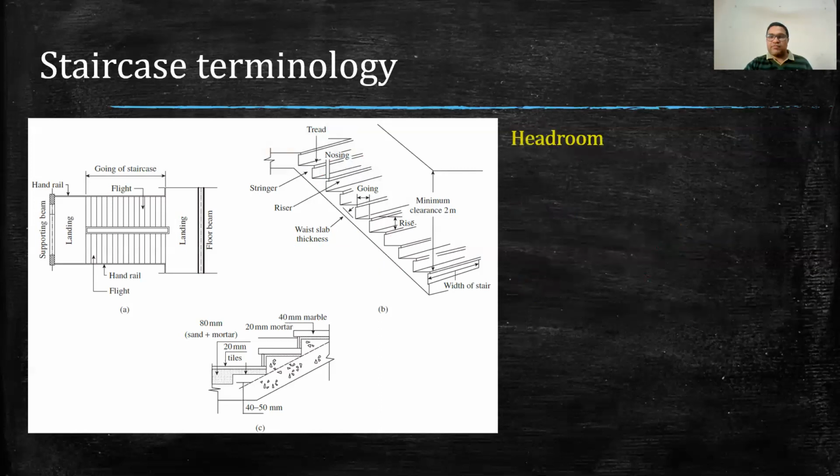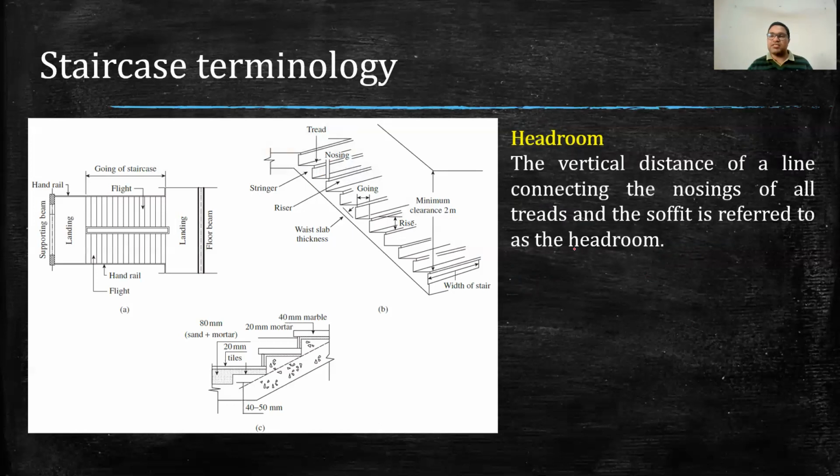Then the next term that we generally use is headroom. Headroom is basically the vertical distance of a line connecting the nosing of all treads and the soffit. For example, in this case, if we talk about this stair, and above this there will also be a stair, then if we are standing at any tread, this vertical distance is called the headroom.